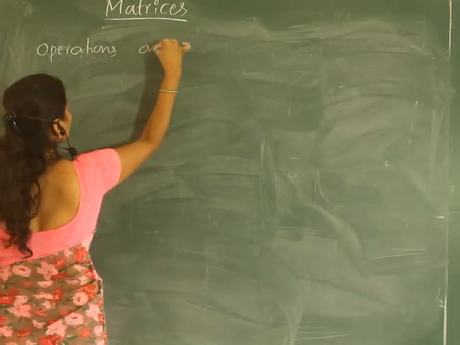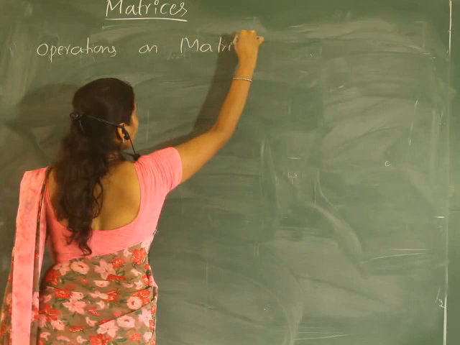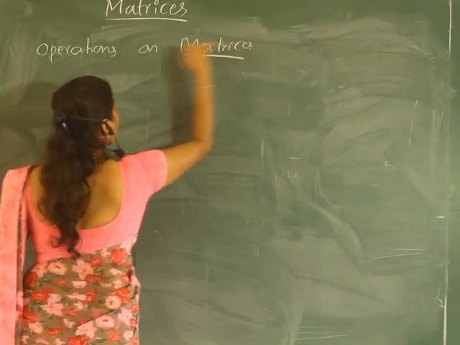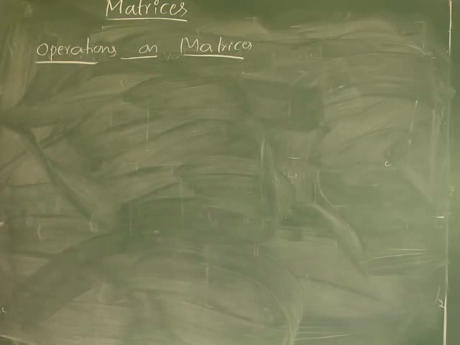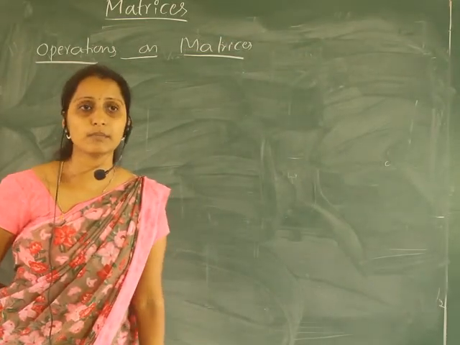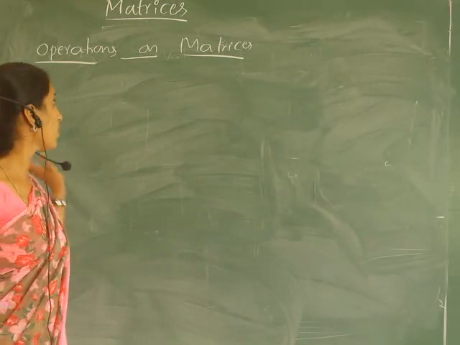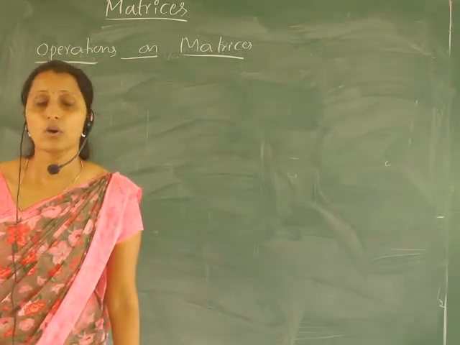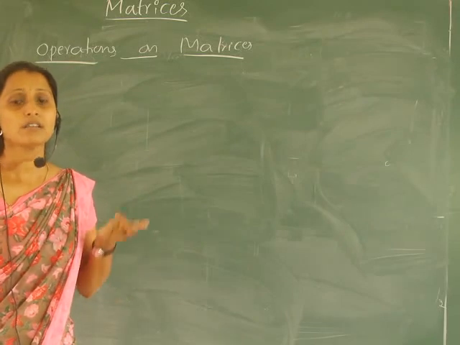Operations on matrices. Just as there are operations on real numbers, addition, subtraction, multiplication, similarly there are operations on matrices: addition of a matrix, subtraction or difference of a matrix, and multiplication of a matrix.